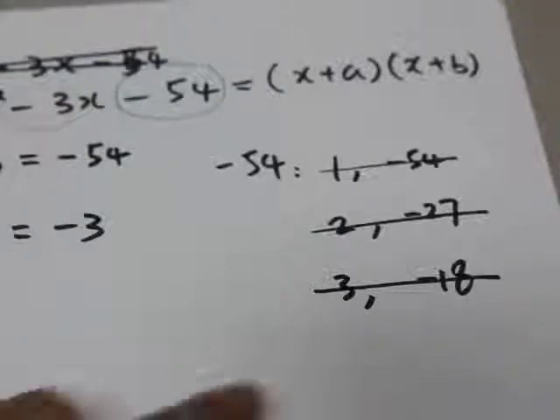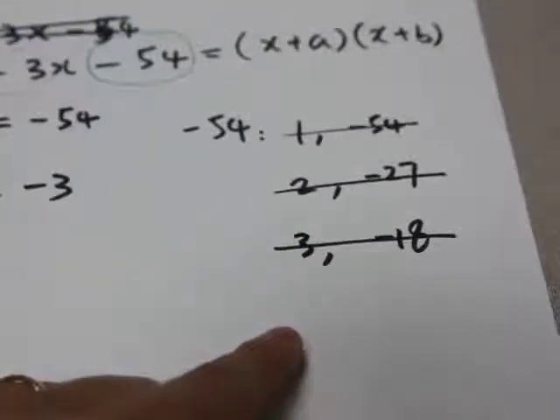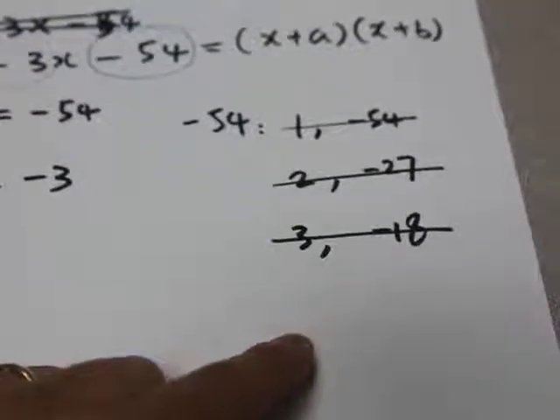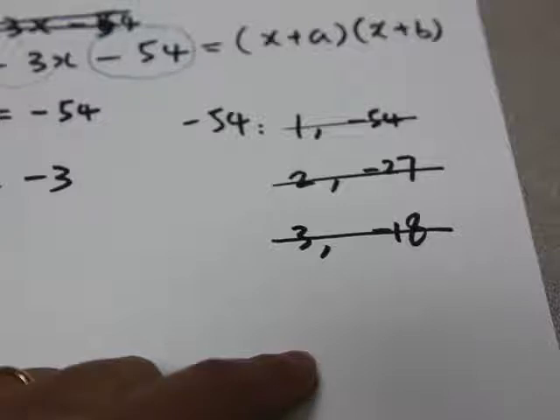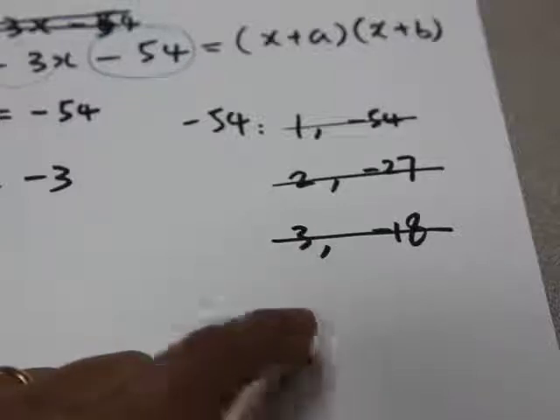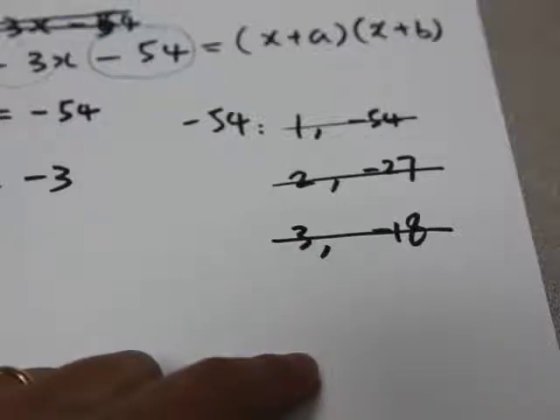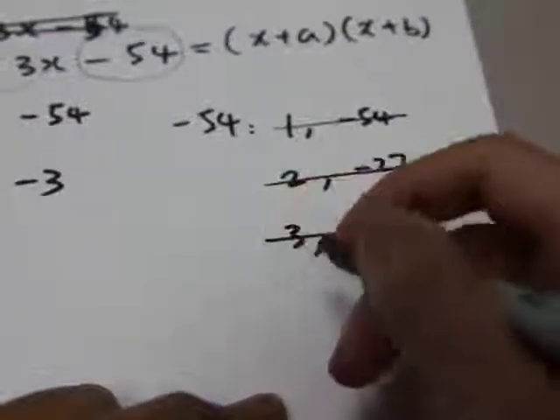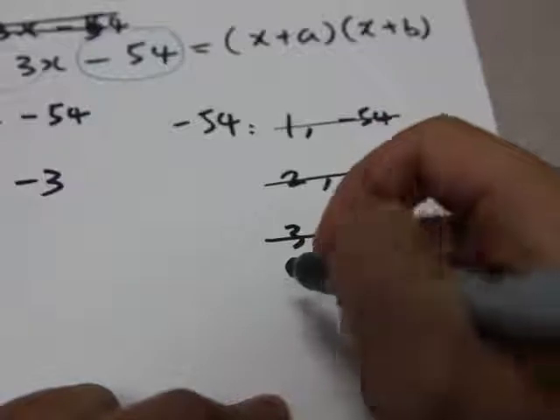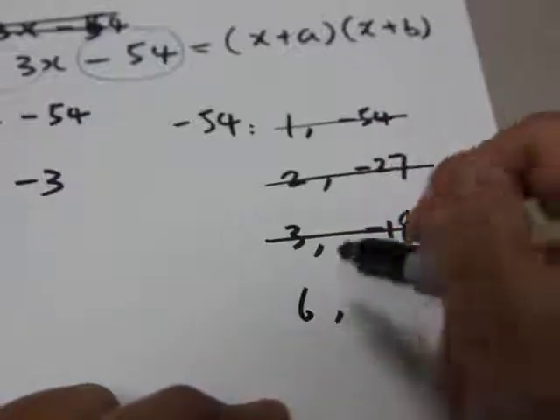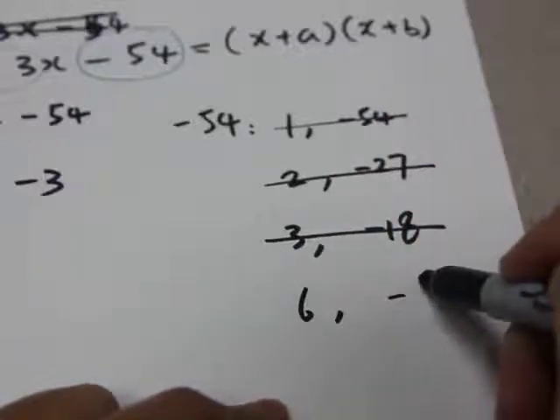Now negative 54 is not divided by 4, so we search for the next one. Negative 54 is not divided by 5. So we try 6. If we divide negative 54 by 6, we have 6 and negative 9.